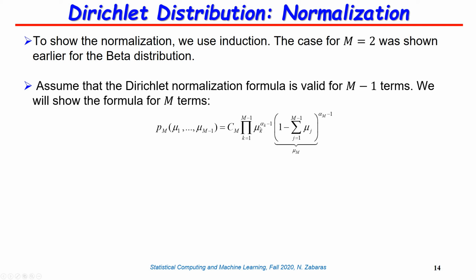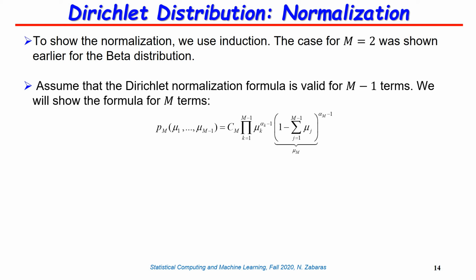You're going to have only one term, mu to some power alpha minus 1, and then another term, 1 minus mu to another power minus 1. And you know what that distribution is? That's the beta distribution. And you can see from the normalization of the beta distribution that we did that the Dirichlet distribution is normalized for m equal to 2.